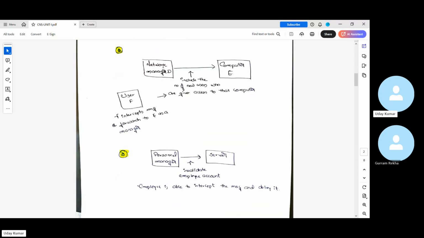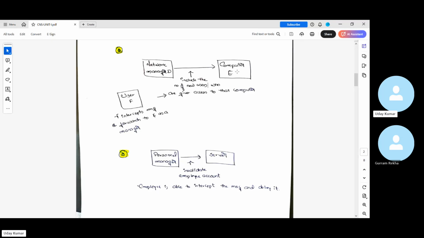Next, a network manager D is sending a message to computer E. He says he wants to add new users who are given access to that computer. User F intercepts the message, students, and forwards it to computer E as if he were the manager. Suppose network manager D includes two new users.